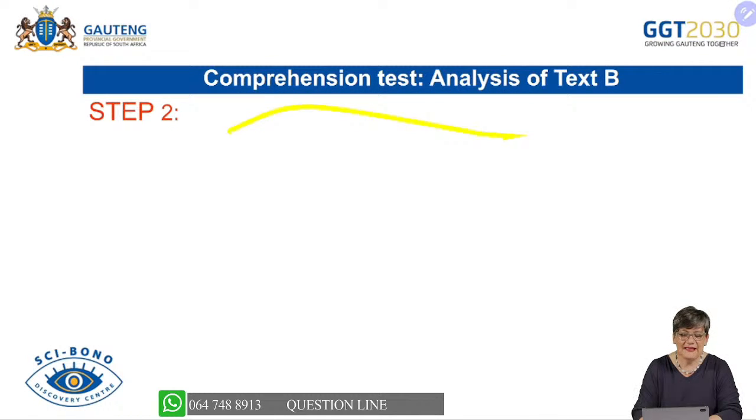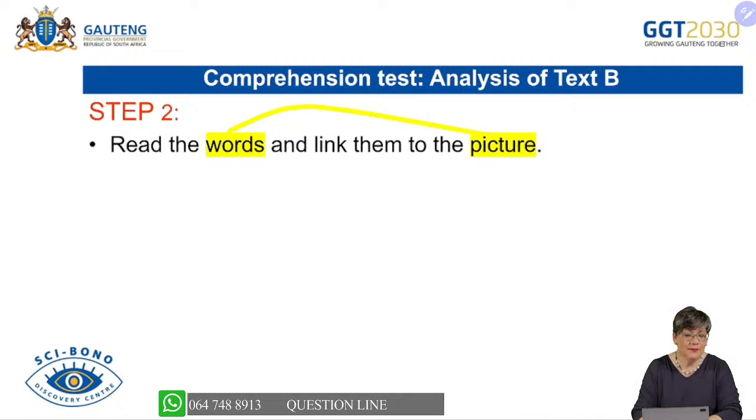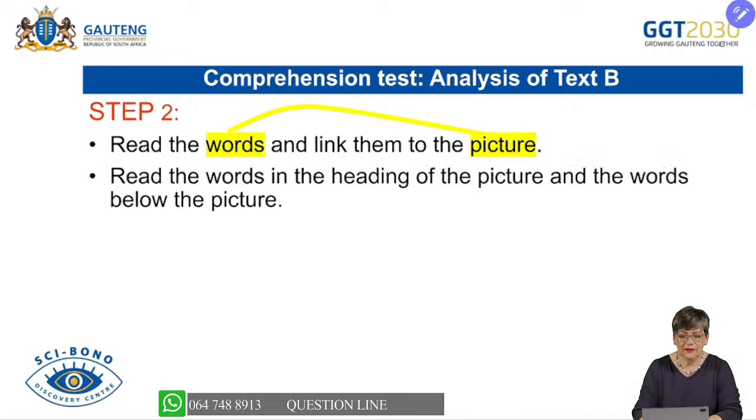Now, step 2. Remember, we only looked at the visual part. Now, you have to look at the words. Read the words carefully and try to link them to the picture. In other words, what's the connection between the words and the picture? Look at the words in the heading and look at the words below the picture.